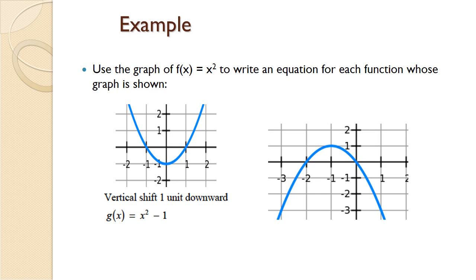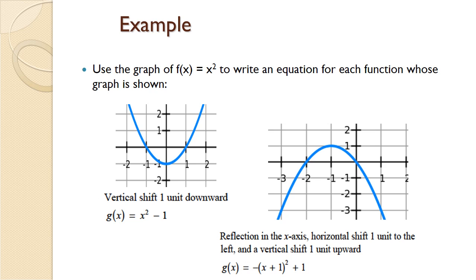All right, this is a parabola that has been moved downward 1 space, so it's going to be x squared minus 1. Our second graph has been moved to the left, it has been moved up, and it has been reflected. So what that's going to look like is negative x plus 1 squared plus 1.